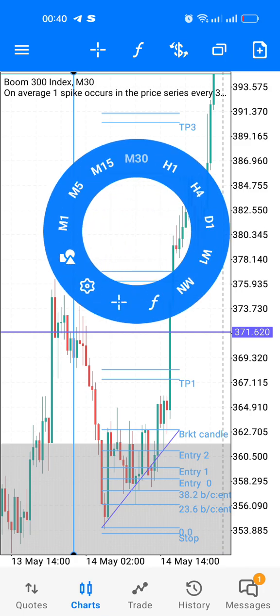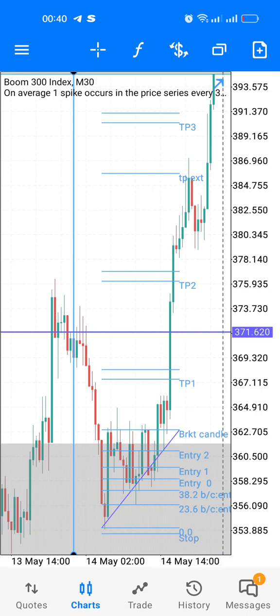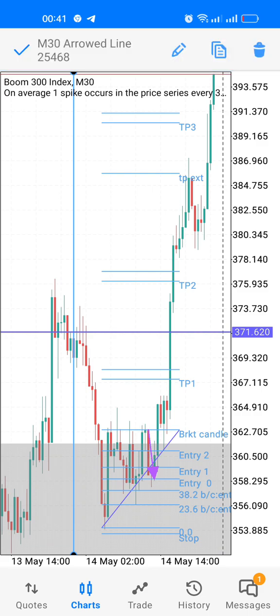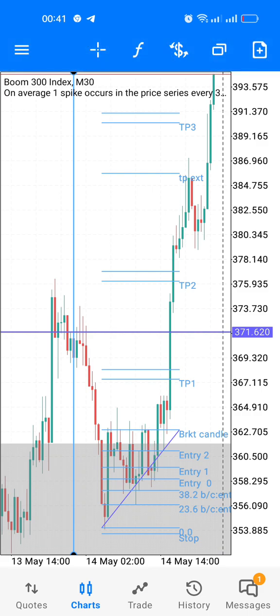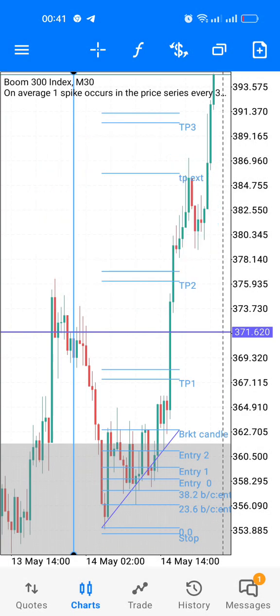So what did it do? After hitting that, it came back and entry 0 would have been triggered. It reversed exactly after hitting my favorite.